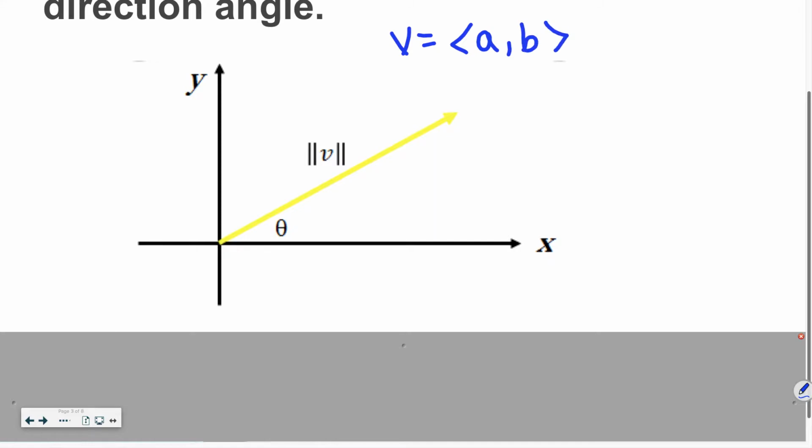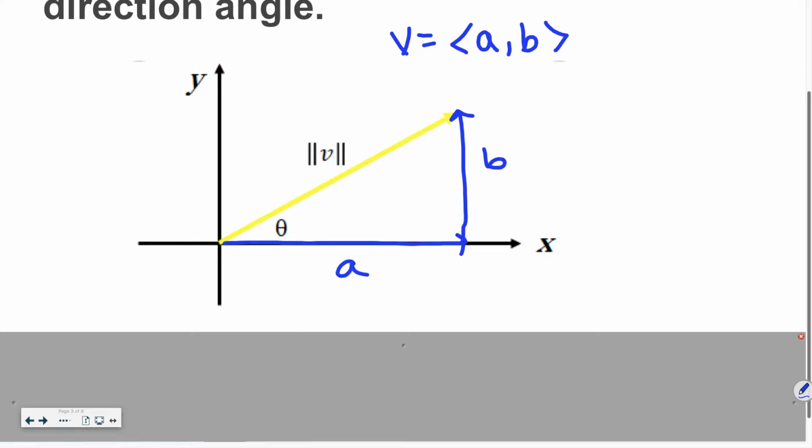If our vector is the vector a comma b, that means the horizontal component is a and the vertical component is b. What if I asked you, what is the horizontal component?